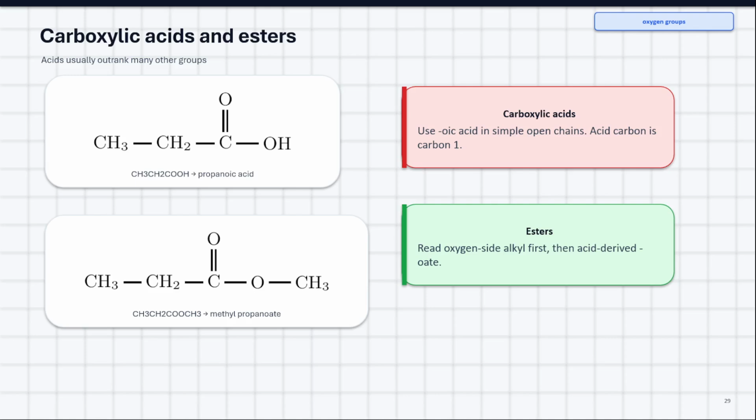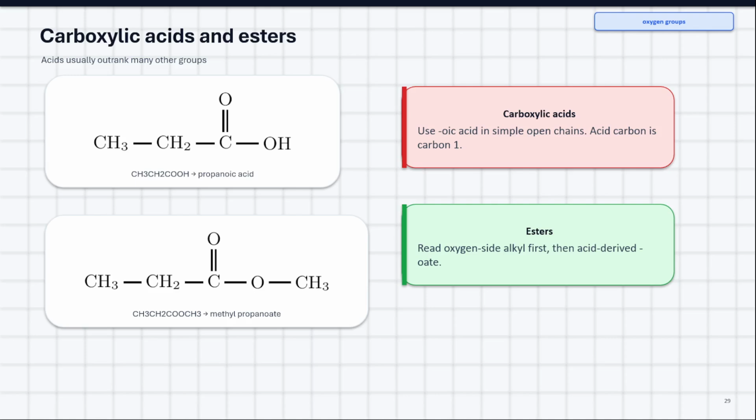Carboxylic acids are very important because they usually outrank many other groups. A simple open-chain carboxylic acid uses the ending -oic acid. In CH3-CH2-COOH, there are 3 carbons including the acid carbon, so the name is propanoic acid. Esters are named differently. An ester has an oxygen side and an acid-derived side.